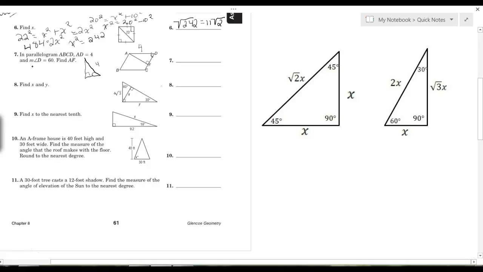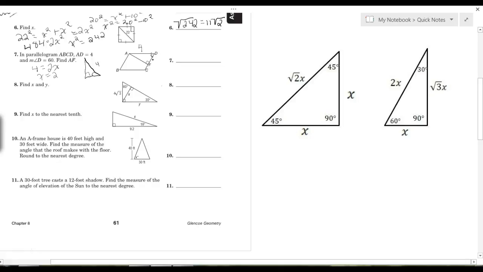So that means 4 equals 2x. So x equals 2. Now going back over here, I see that x is my short side, and this length is the square root of 3 times x. So my short side is across from my 30, and this side is across from the 60.